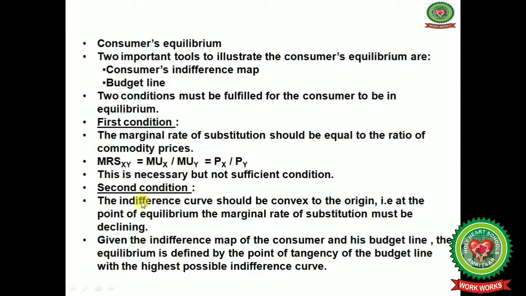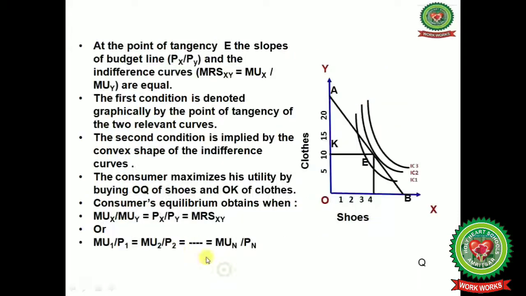The second condition is that the indifference curve should be convex to the origin, that is, at the point of equilibrium the marginal rate of substitution must be declining. Given the indifference map of the consumer and his budget line, the equilibrium is defined by the point of tangency of the budget line with the highest possible indifference curve.